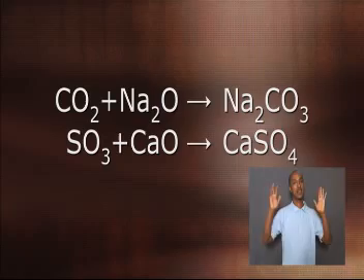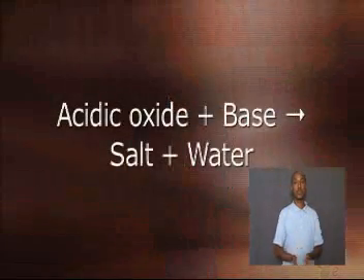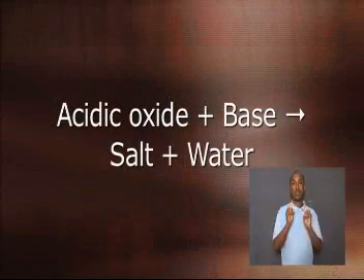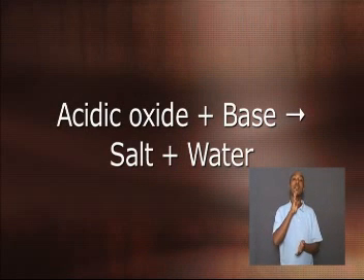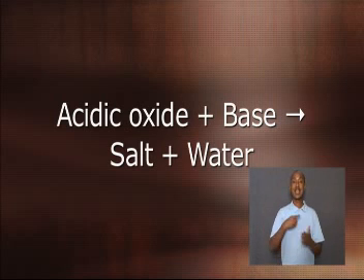Good work, everyone. Let us discuss one more chemical property of acid oxides. When acidic oxides react with bases, salt and water are formed. This reaction is known as a neutralization reaction.